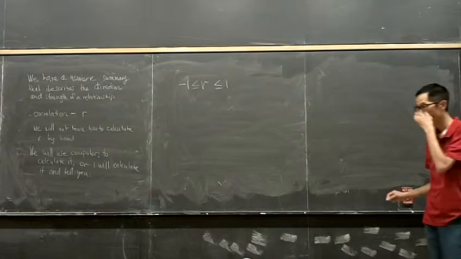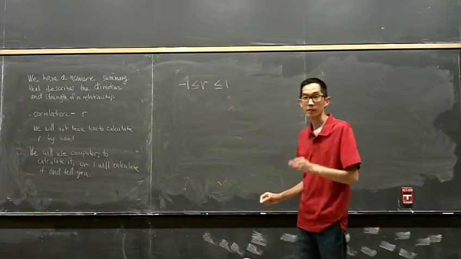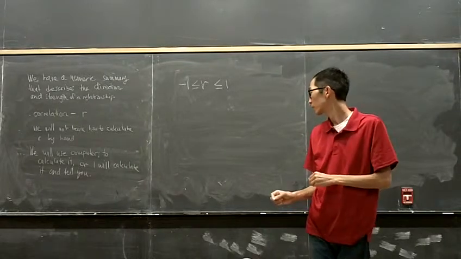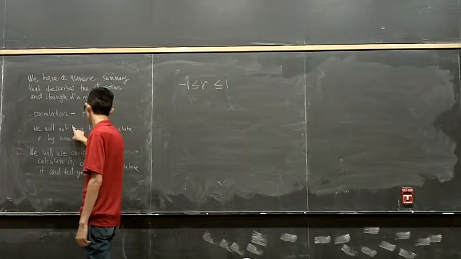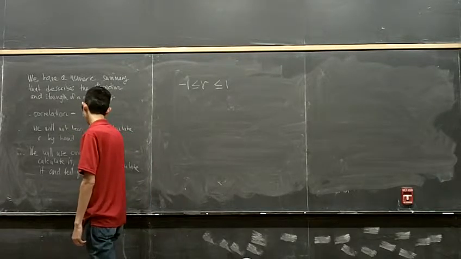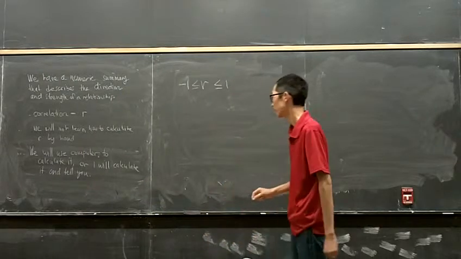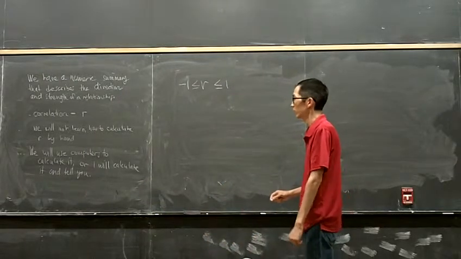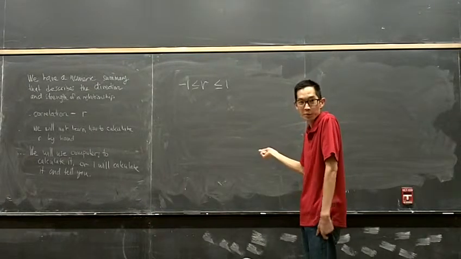Sorry. Oh. Yes. I'm sorry, what does it say right there? We will not learn how to calculate R by hand. All right, so if R is positive, the relationship is positive.